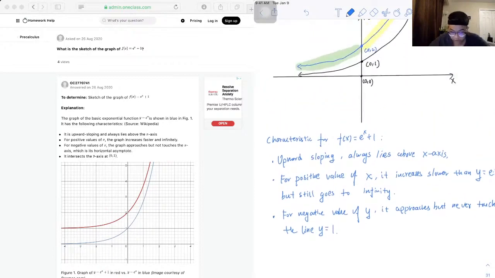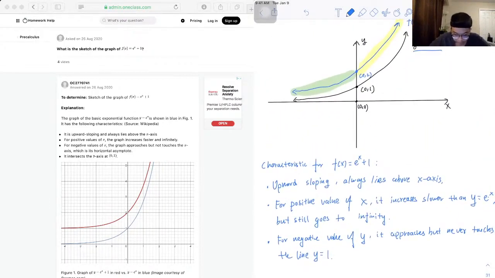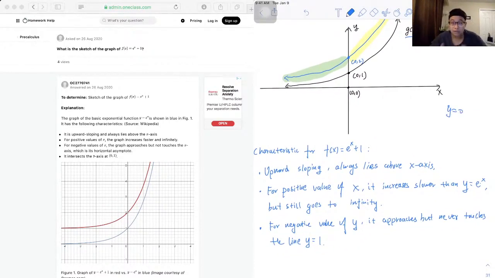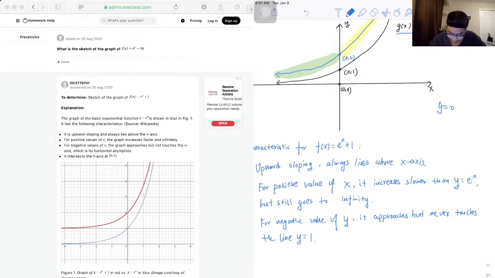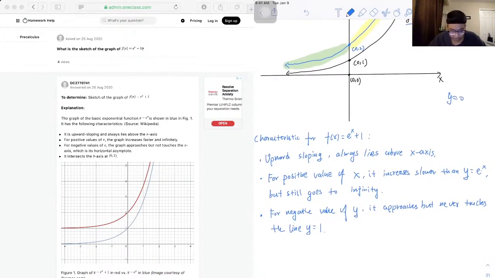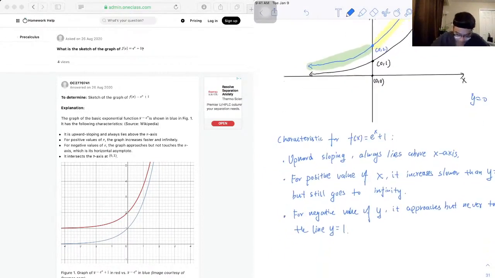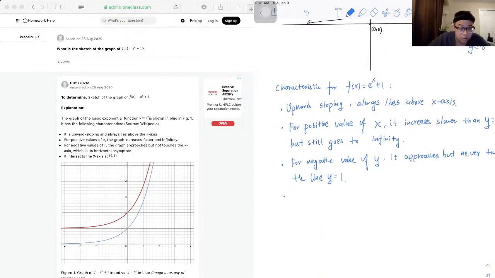And remember, for g(x), we never touch the x-axis, which can also be written as y is equal to 0. And now, since we move the whole graph 1 unit upward, now it will approach but never touch the line y is equal to 1. And now y is equal to 1 is our horizontal asymptote.